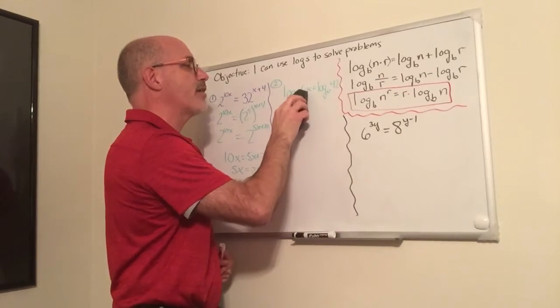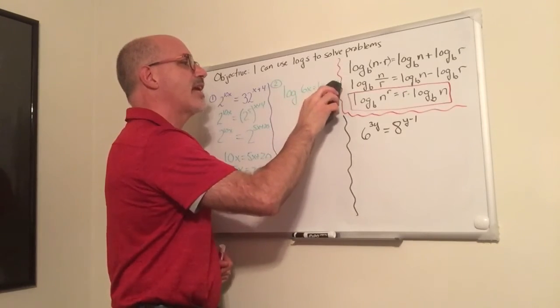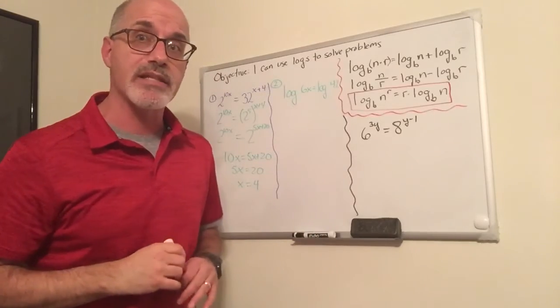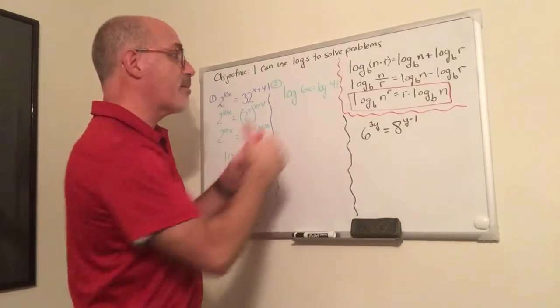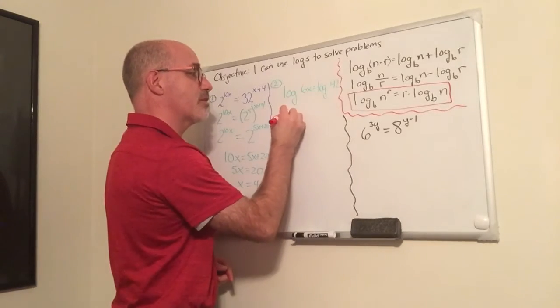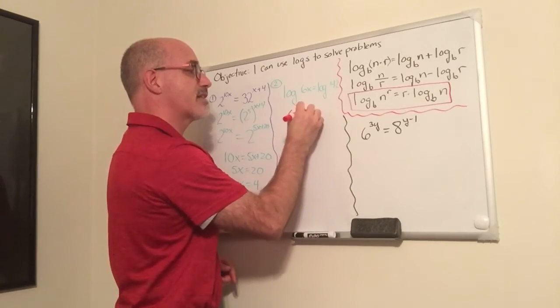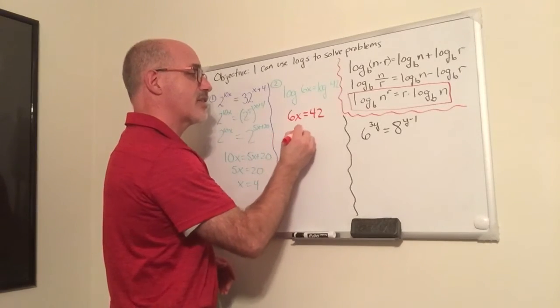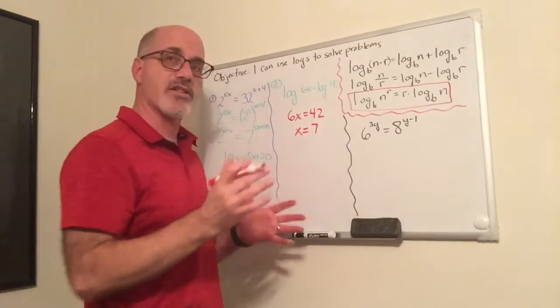I can get rid of listing the 10 there, and that is implied to be log base 10 if there's no base listed. So if the bases are the same on both sides, you can set the inside parts equal to each other. So 6x is going to equal 42. Just divide both sides by 6 and you get x equal to 7 to solve it.